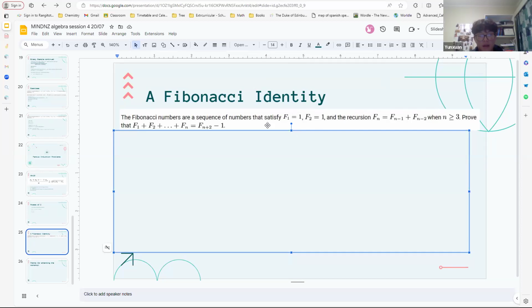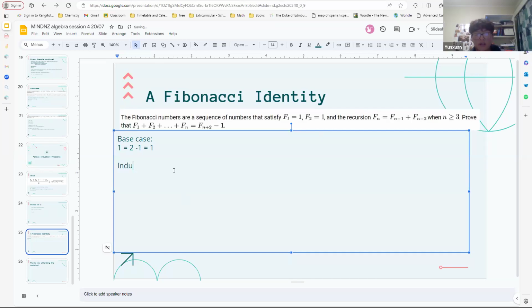So for our base case, we need to prove that F1 equals F3 minus 1. F1 is 1, so what's F3? That's just 1 plus 1, so it's 2 minus 1 equals 1. So that's obviously true.